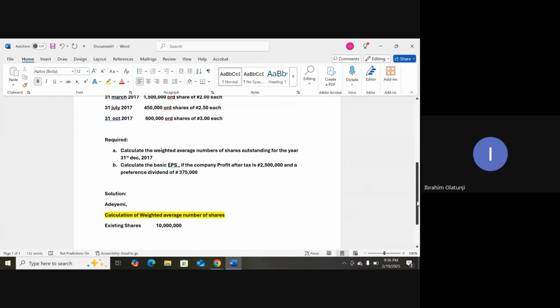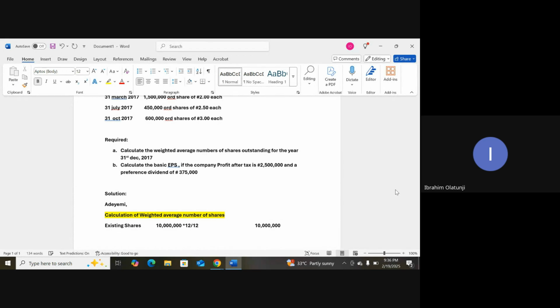So if I do this as my normal approach, which is the simplest approach, because everything is 1 year, as at December, I will just multiply this by 12 and also divide it by 12. So I'm getting the same 10 million as my existing share.